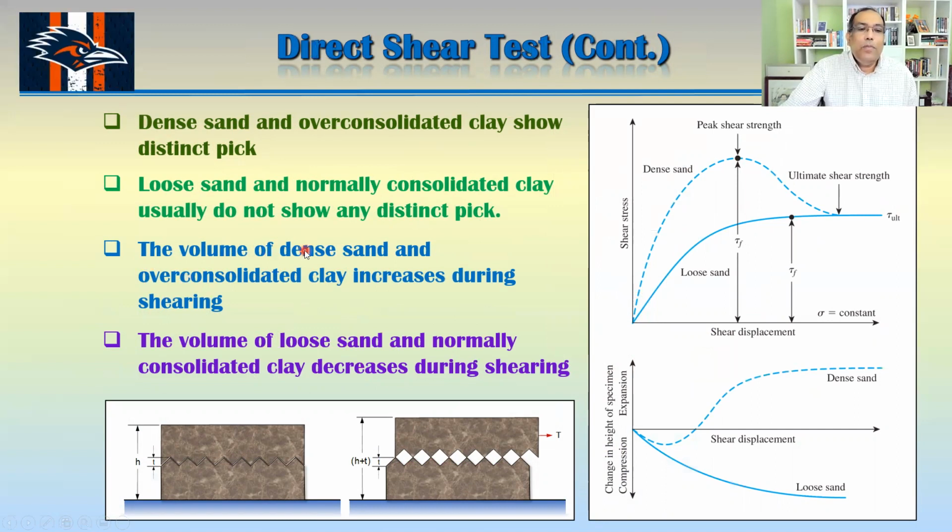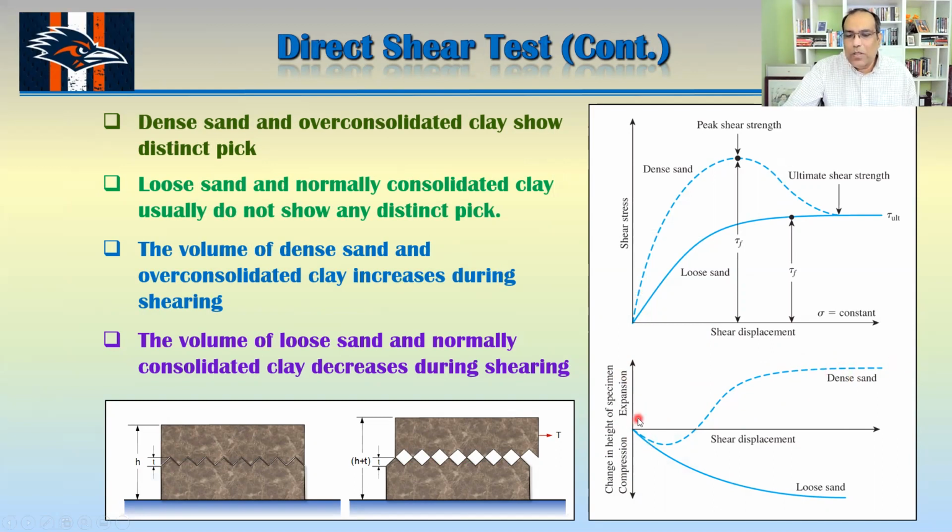Now the volume of the dense sand and over-consolidated clay increases during shearing. This is expansion. At the beginning the volume will decrease a little bit, but then it will increase and then remain at the same line.